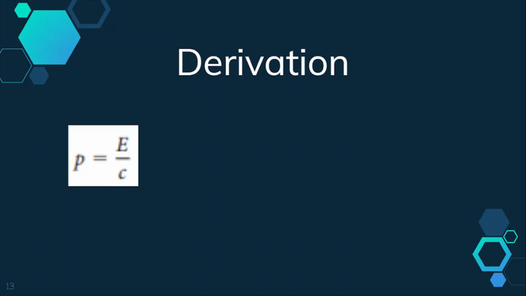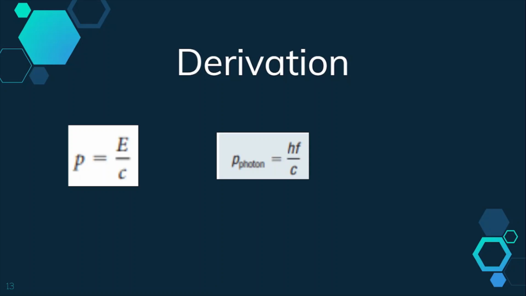Classic electromagnetic wave theory states that light waves with the energy E also carry momentum, and here's the equation. And since we know that the equation for the energy of the photon is E equals hf, we can substitute that into it to give the momentum of a photon. The momentum of a photon is equal to Planck's constant times the frequency over the speed of light.